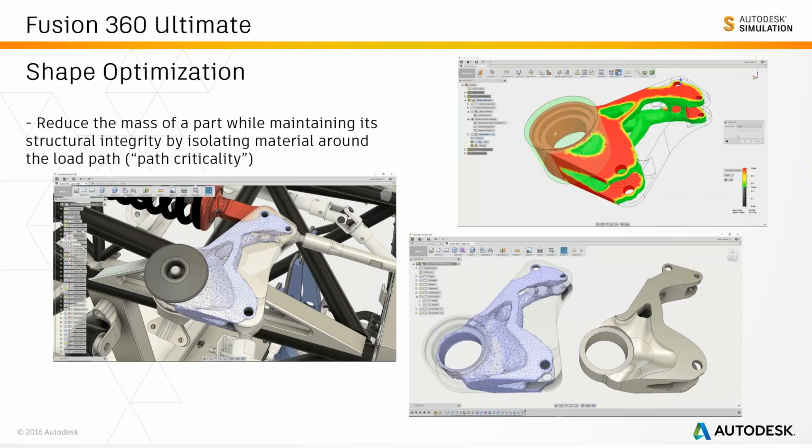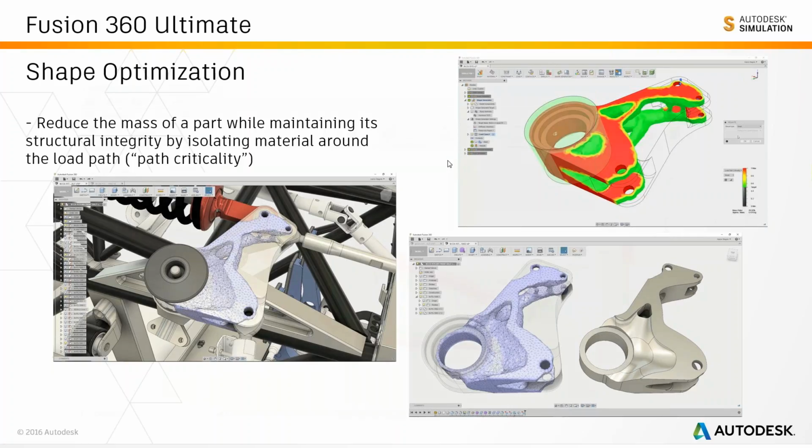That shape is in a mesh type model, but Fusion is quite flexible here, so we can easily model that finite part around it. So we're creating a much lighter part by specifying the target mass reduction and maximizing its stiffness.